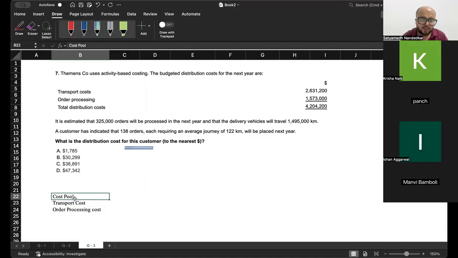Cost driver is something that influences the cost, that has an impact on the cost. For transportation cost, my cost driver will be the distance traveled, kilometers traveled, so to say. And order processing cost, what is the cost driver? Number of orders processed.